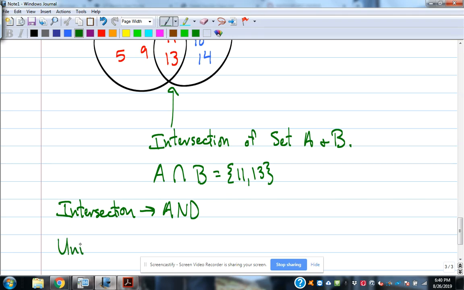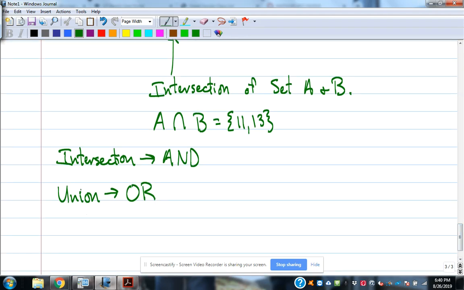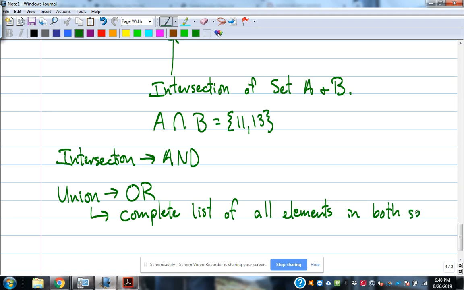A union in set theory is an or. When we talk about a union, it's a complete list of all elements in both sets. So when we talk about A union B, the union is a U. Makes sense, right?